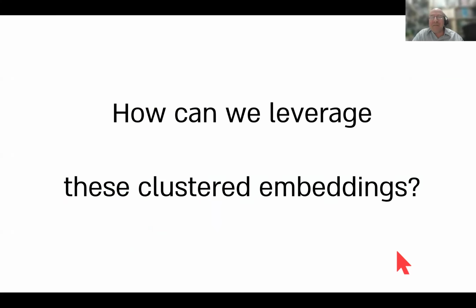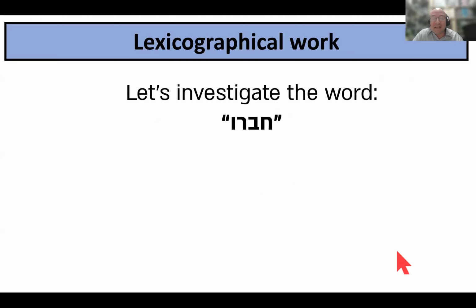Now, how can we leverage these? So I think I already hinted to the fact that it can help us find minority cases. Lexicographically, it can help us. Like if we have the word chet bet reish vav, one of the things that's puzzling, or that's always confounding when doing lexicographical work in Hebrew, is that there are so many theoretical options that don't actually come to the fore.